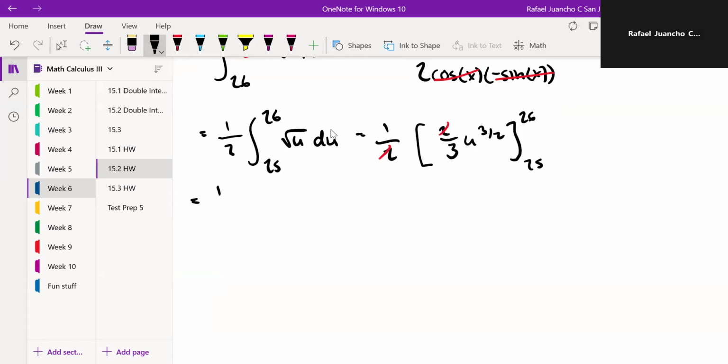Here I get 1/3 of 26 to the 3 over 2 minus 25 to the 3 over 2. If there's a way to... This one's 125.